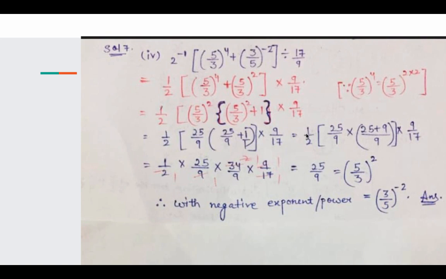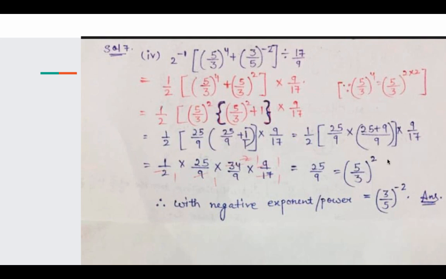So I get 1 by 2 into 25 by 9 into 34 by 9 into 9 upon 17. Cancel out whatever gets cancelled. 9 ones are 9, 9 ones are 9. 17 ones are 17, 17 twos are 34. 2 ones are 2. I'll be left with 25 by 9.